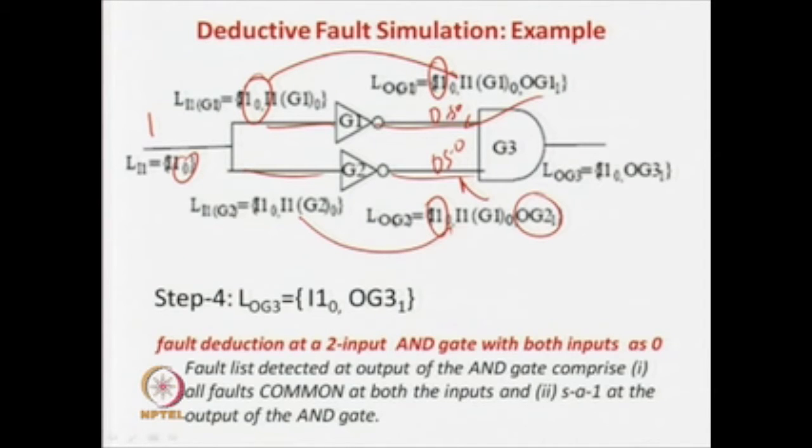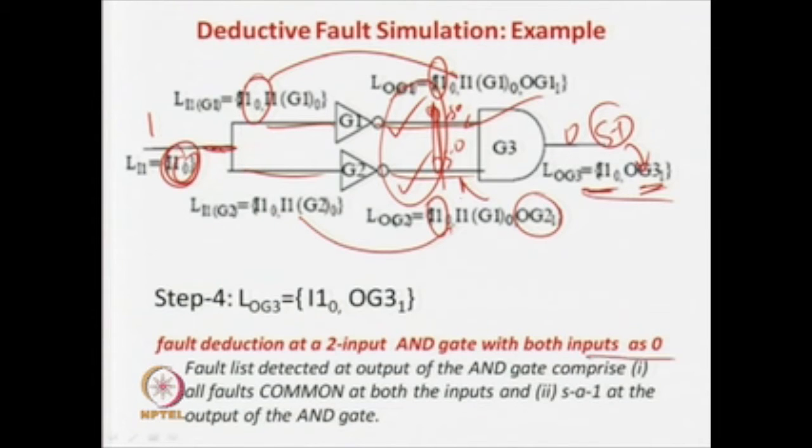That is the only fault which can be detected at the output, and of course you get a 0 and a 0 over here. So a stuck-at-1 fault at this net can be detected. This stuck-at-0 fault at this line is affecting both this input and this input. So this is common, that is the only thing that will propagate here, and other things will not be propagated.